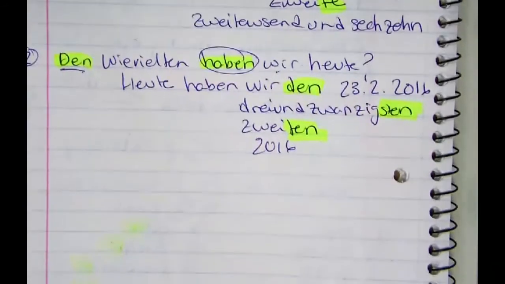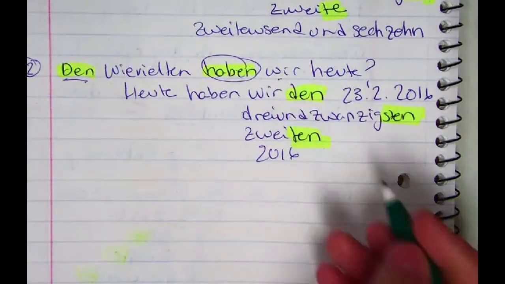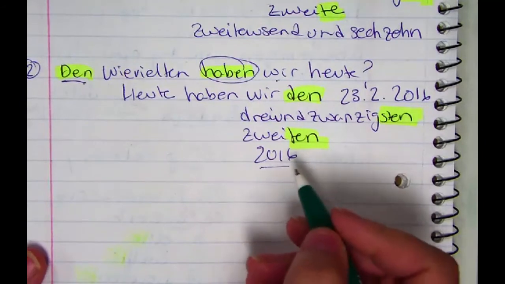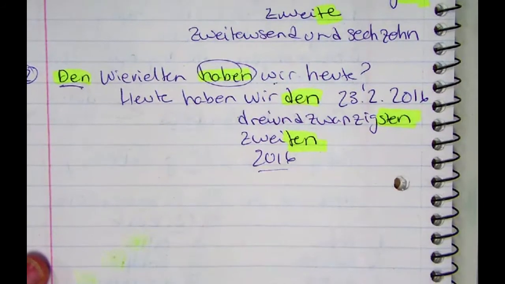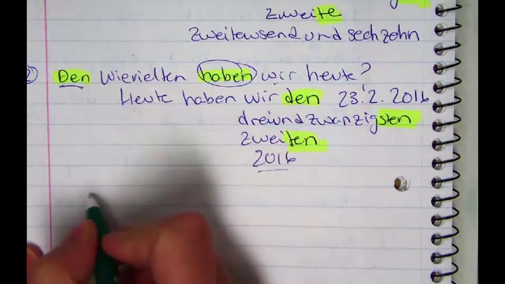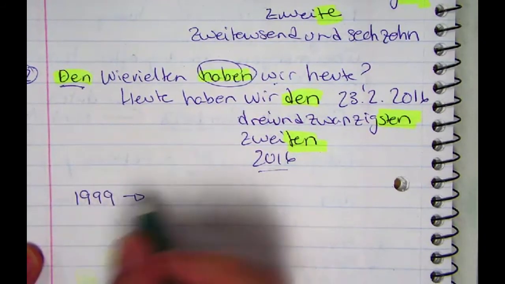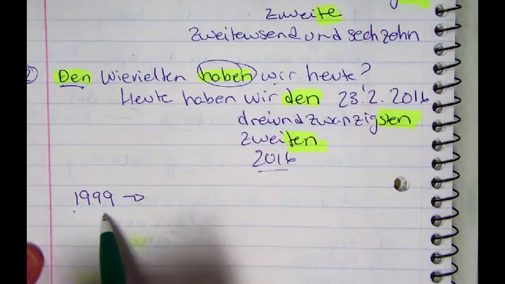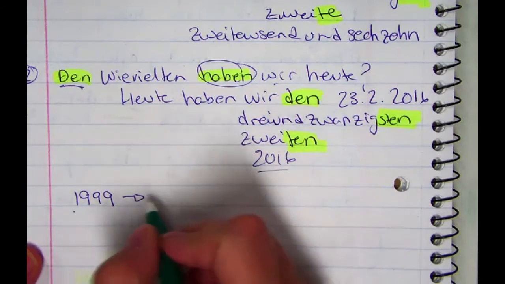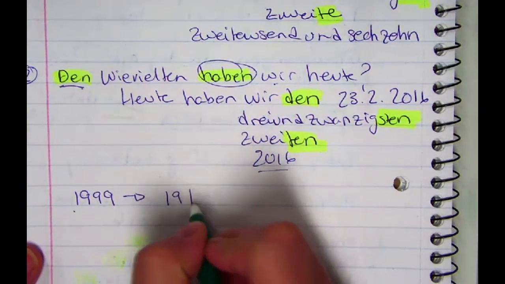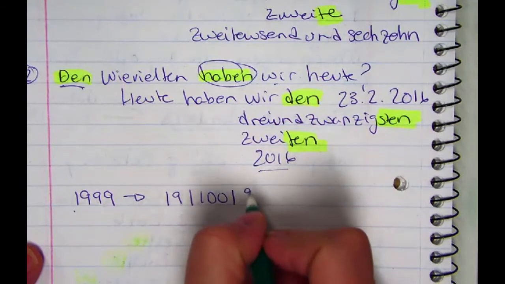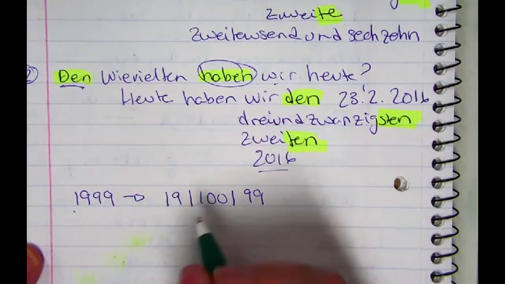Now, there is one more thing, and that is we have dates prior to 2000 that we sometimes maybe talk about. Not all that often, but for example, some of you might be born in 1998 or 1999. So in English, we say this 1999. Okay, in German, I think I've talked about this once before, but just in case, we split this up.